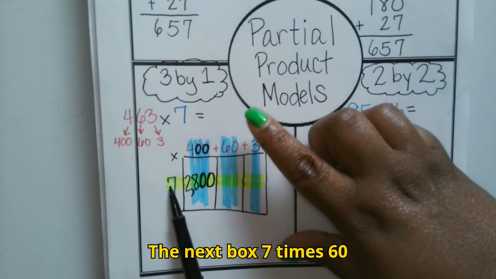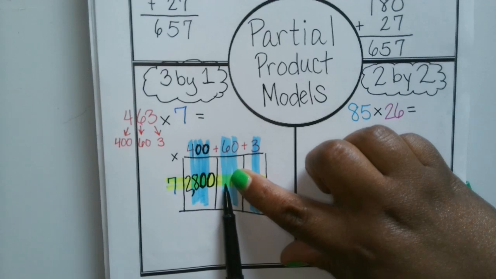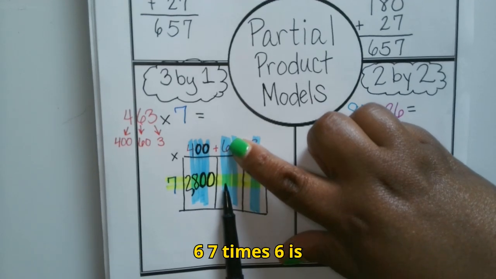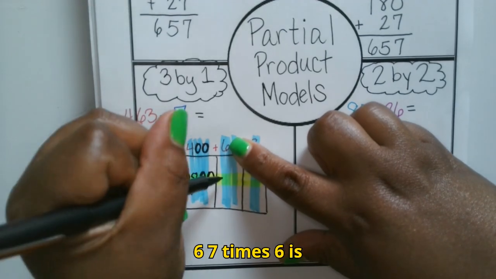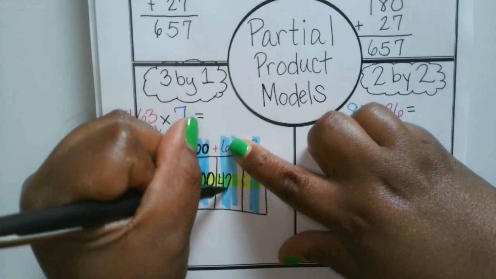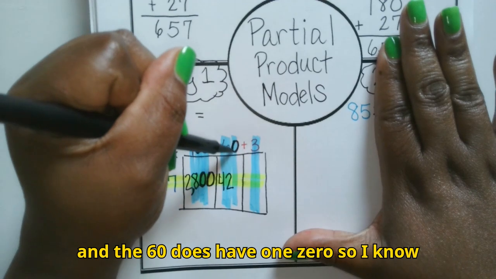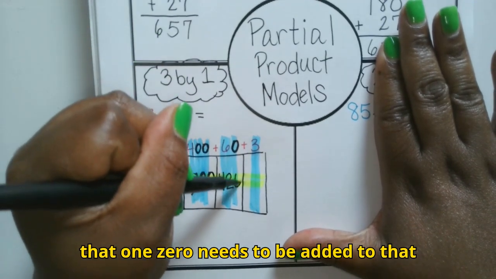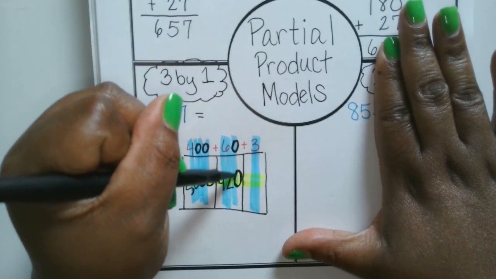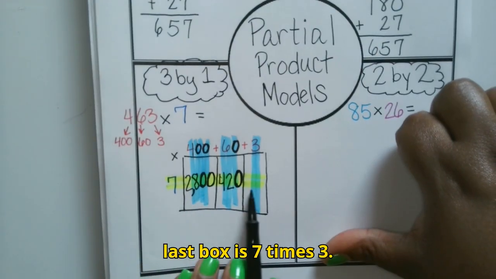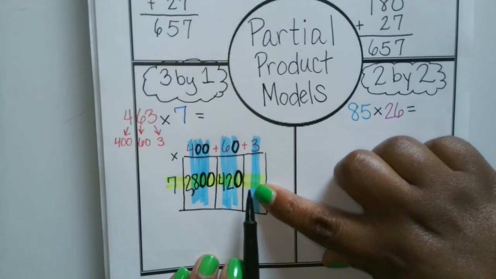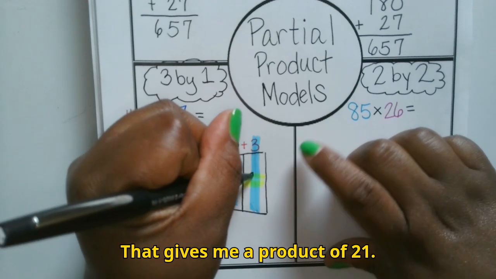The next box, 7 times 60. Really all I need to look at is 7 times 6. 7 times 6 is 42. And the 60 does have 1 zero, so I know that 1 zero needs to be added to that product to make 420. Last box is 7 times 3. That gives me a product of 21.